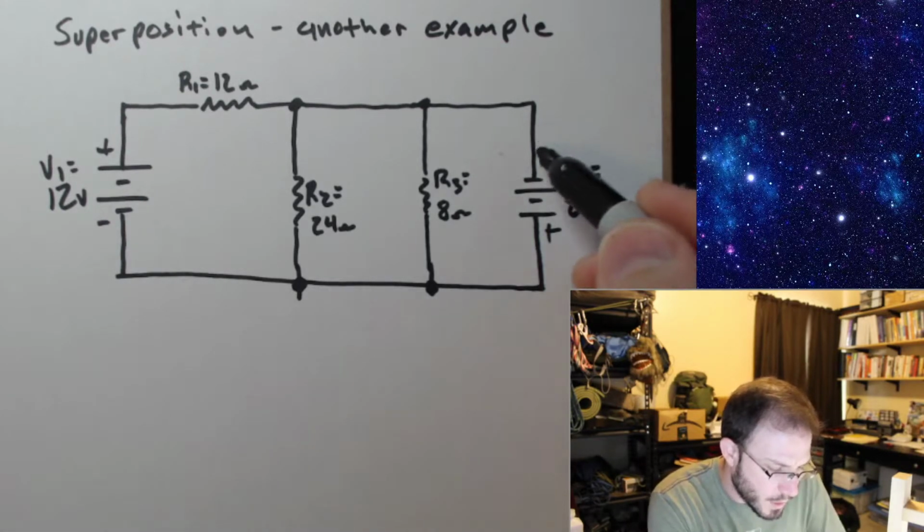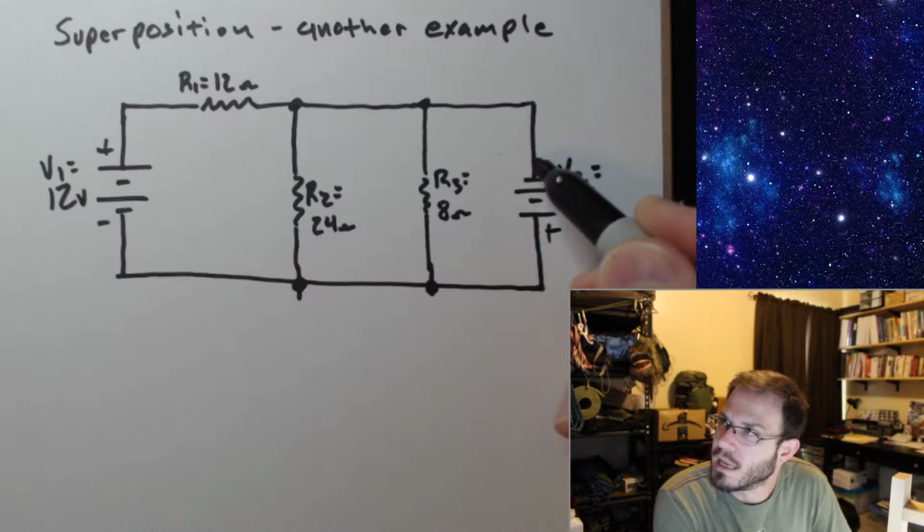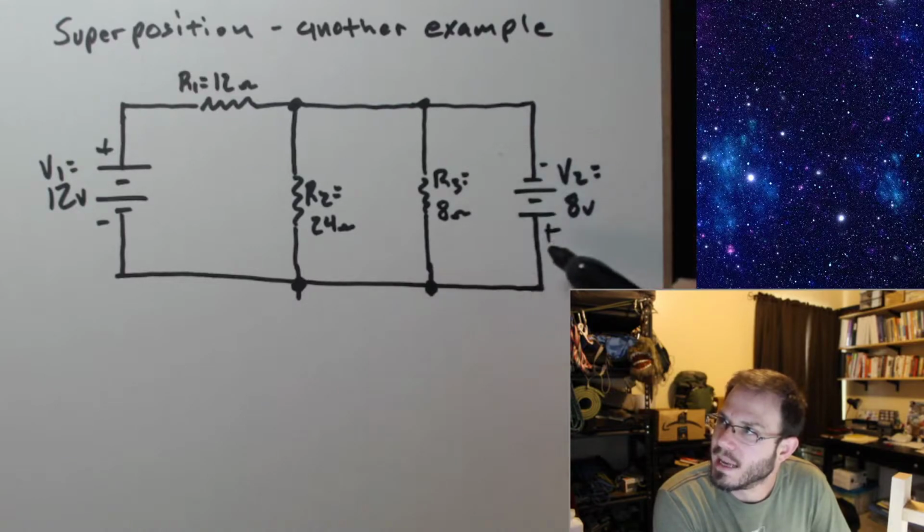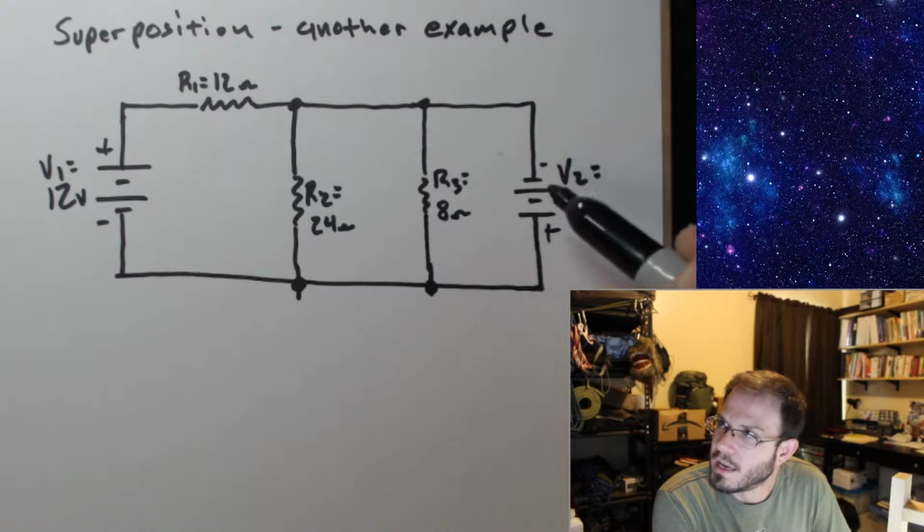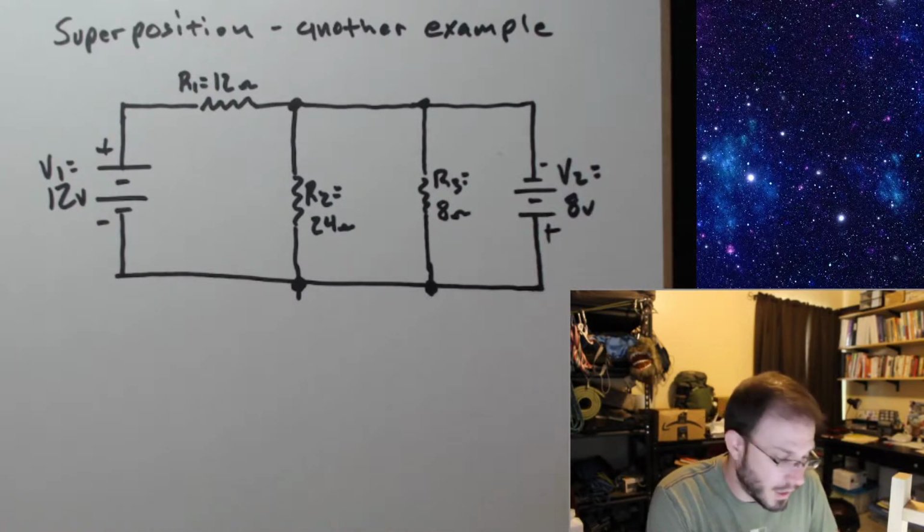So I'm going to essentially imagine there is a wire from this side connected to this side. That'll effectively disable this source and just leave it with a wire in its place.